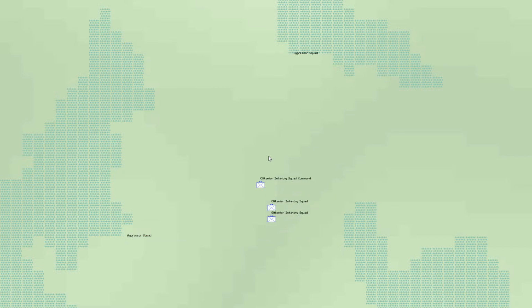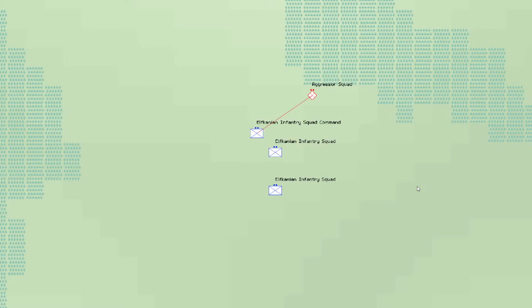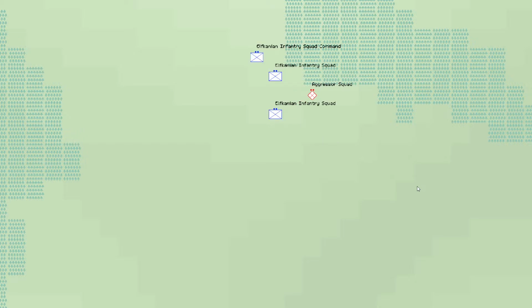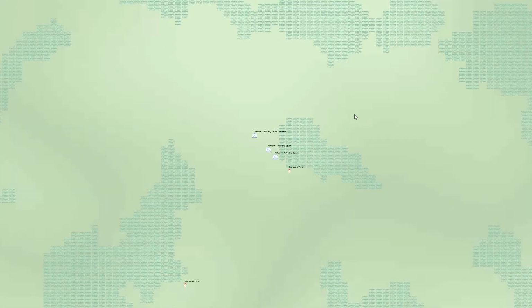But yeah, now just moving around, shooting at each other, playing with line of sight. I think this is pretty cool. And just spamming spacebar to run the turns. And that one aggressor squad's getting bullied. Yeah, it's just a funny overview of what can happen.